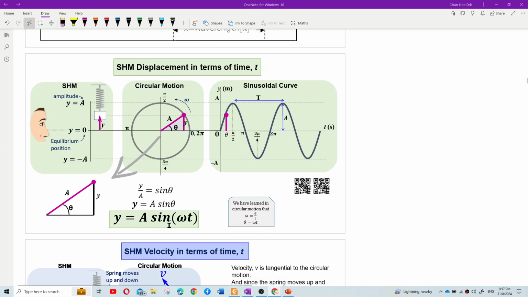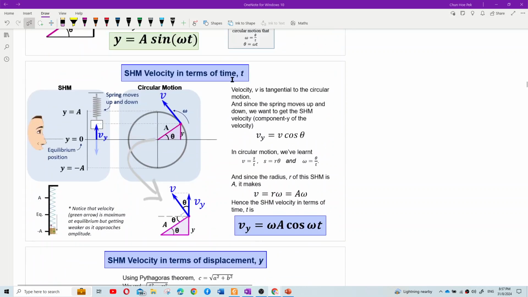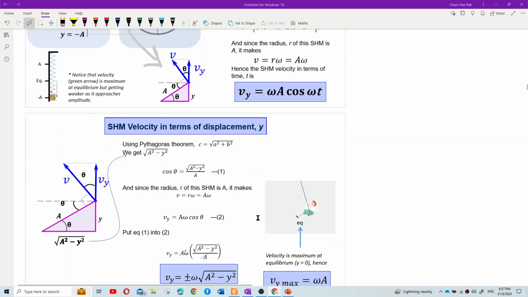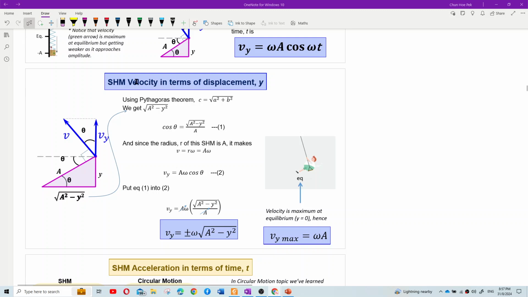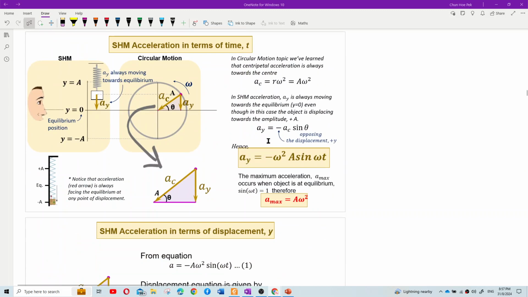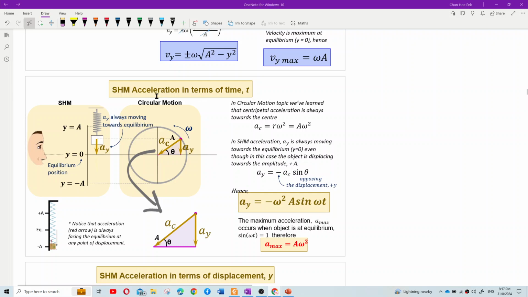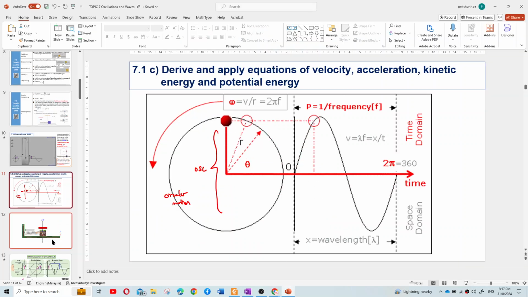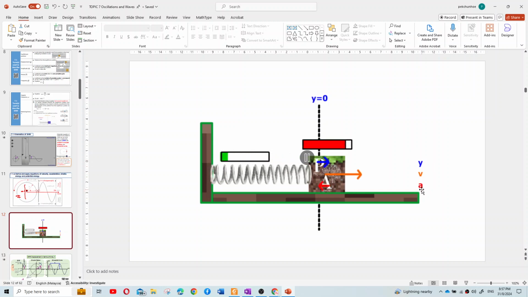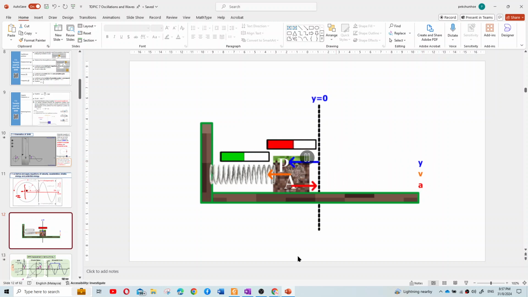So you see, how do you get this equation to find the displacement? You have the equation for displacement with time, the equation of velocity with time, the equation of velocity versus displacement, and the equation for acceleration with time. And just now there were these three quantities: y, v, and a. Displacement, velocity, acceleration.